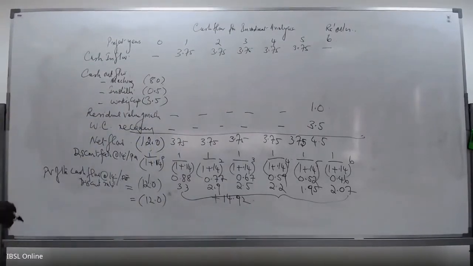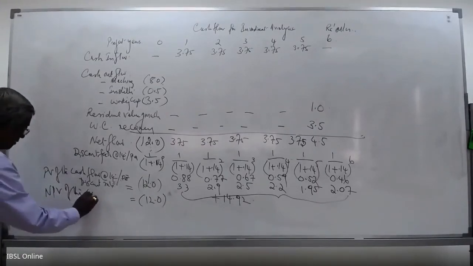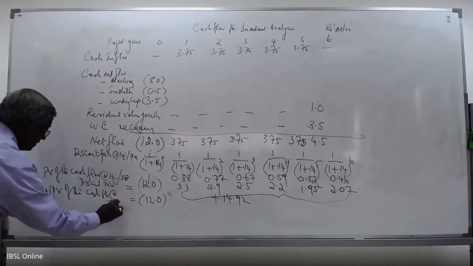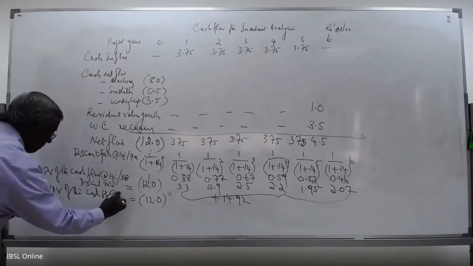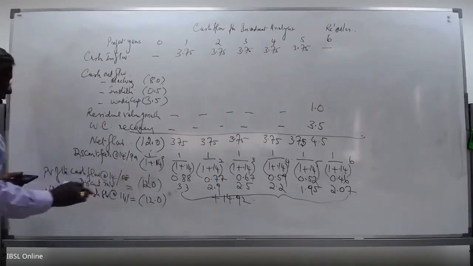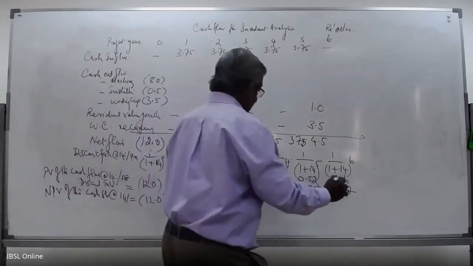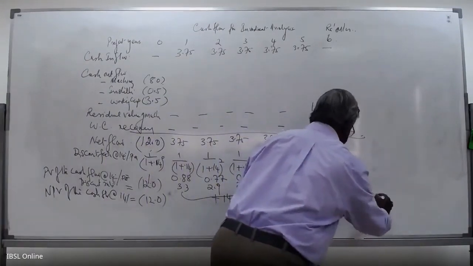So the NPV of the cash flow at a discounting rate of 14% per annum is 14.92 minus 12, which is 2.92.